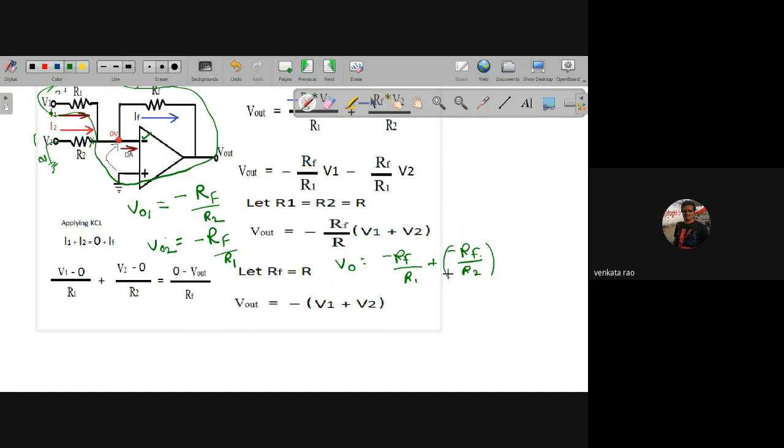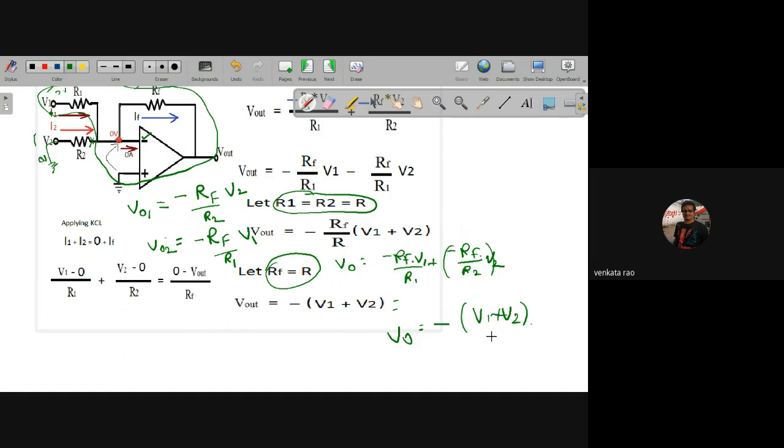Now here I am taking R1 equal to R2 equal to RF, or R. This is the condition. In that case, all will cancel. Now the output voltage is minus of V1 plus V2.